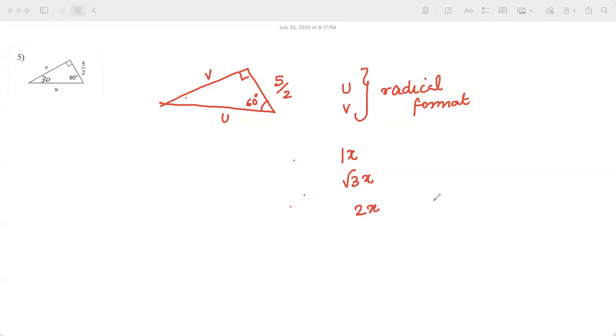Which is the largest side? 2x. Why? Root 3 is what? 1.7. So the longest side is 2x. That will be the side opposite to 90 degrees. 1x is the shortest side. That is the side opposite to 30 degrees. No confusion here.